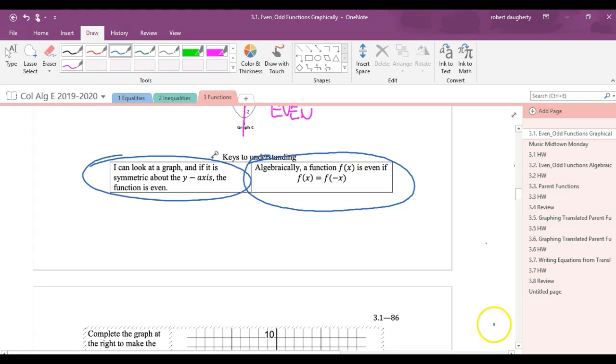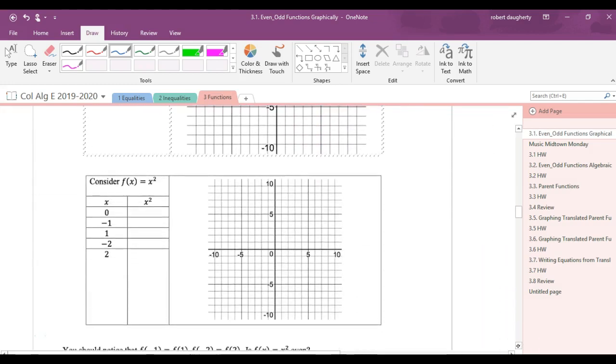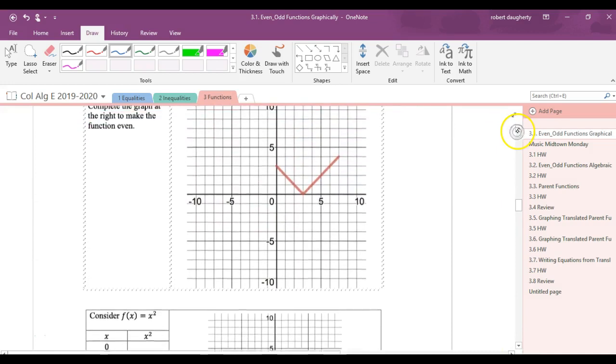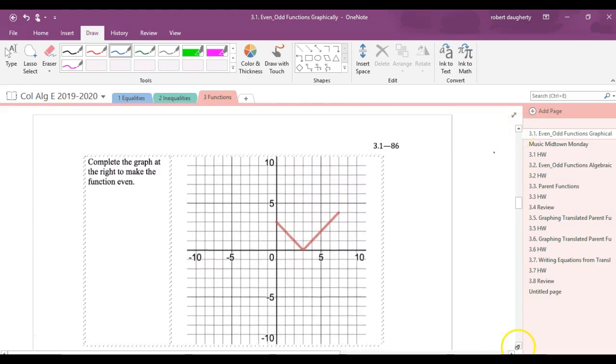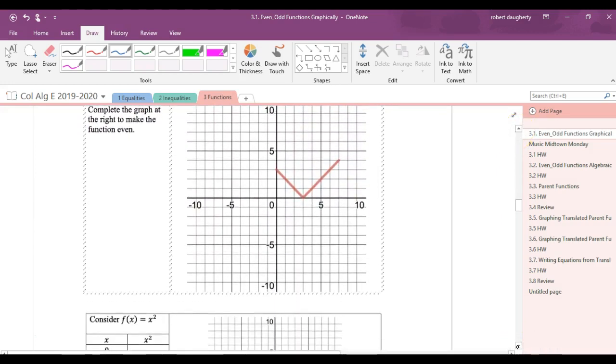Okay, so I think there are 1 or 2 examples here. One example, you guys work on the next one. So take this function and complete it to make it an even graph.